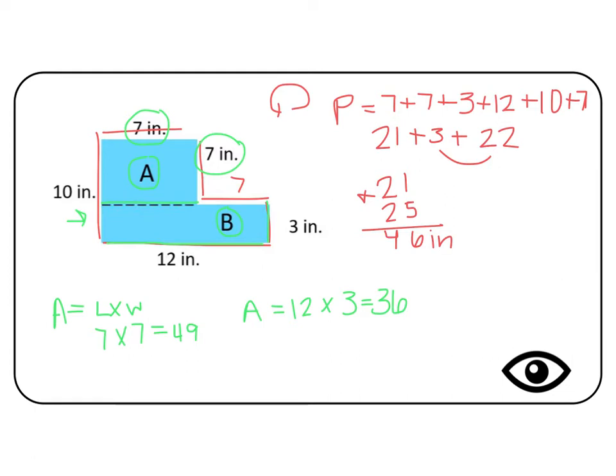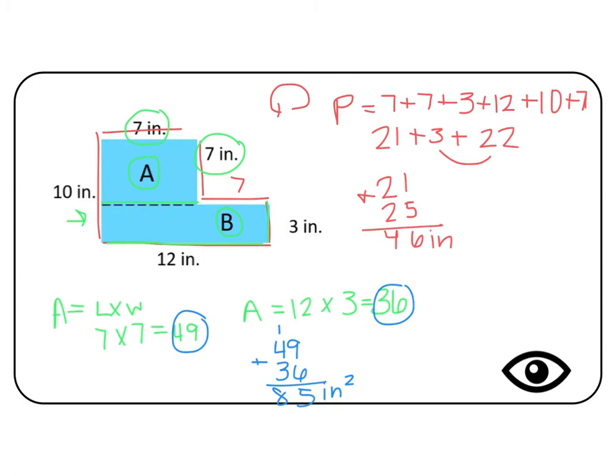But like I said, it's not two separate rectangles, it's one rectangle. So now I'm going to take 49 and 36 and put them together. Nine plus 6 is 15, and 4 plus 4 is 8. So that would be 85 inches squared.